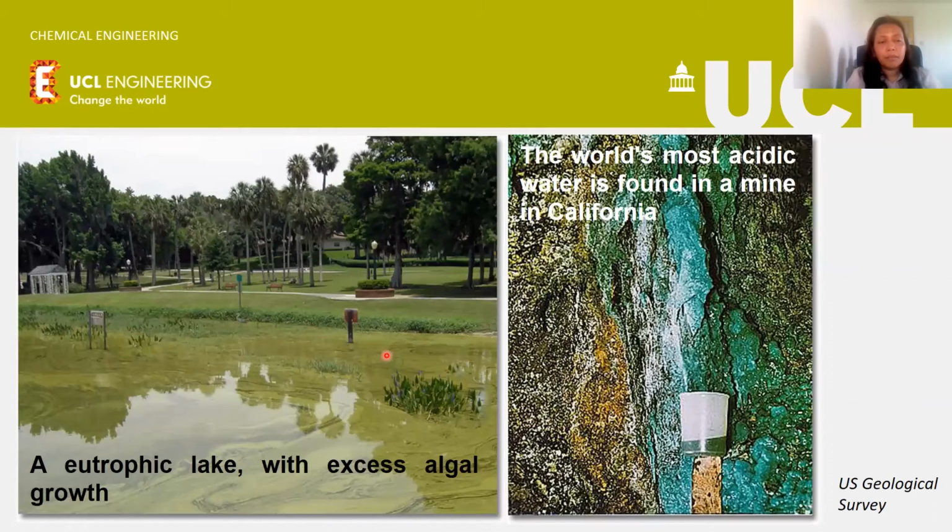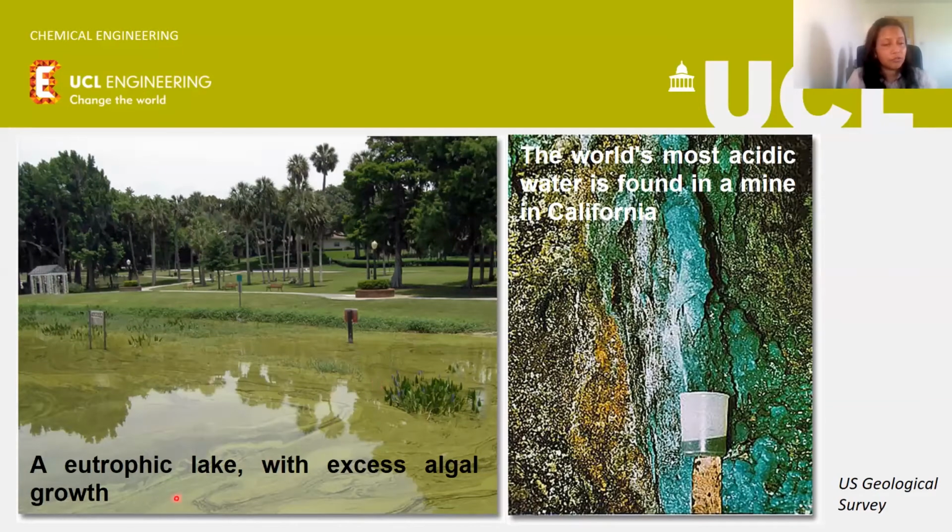These are images that are very global in context. What you look at is a eutrophic lake, and this one is acidic water from a mine in California. We have been talking in the previous few slides about groundwater contamination at the subsurface level. When it comes to the surface level, it is equally important to manage the water properly.